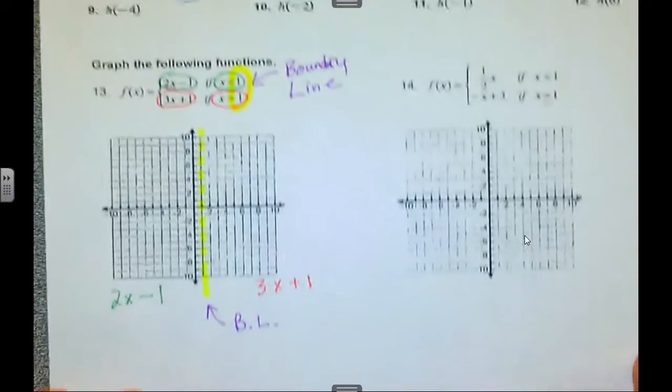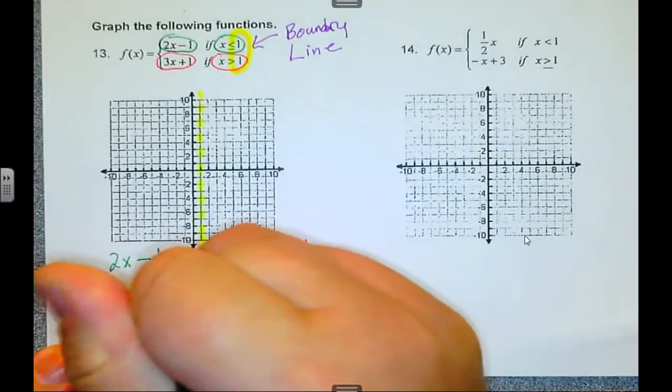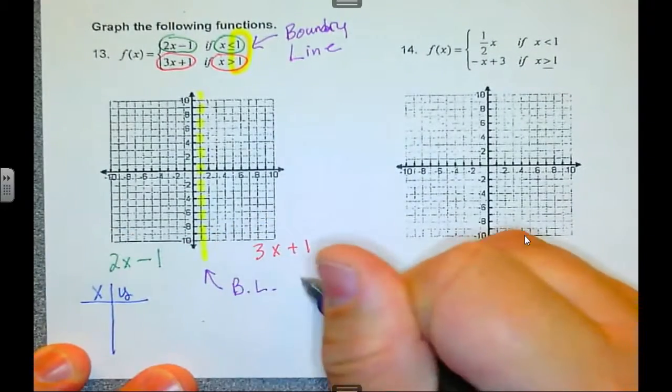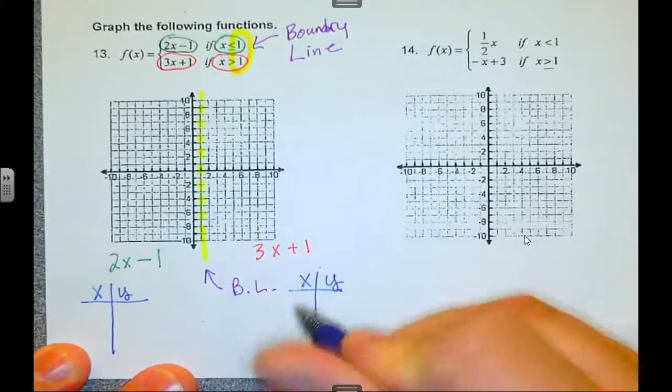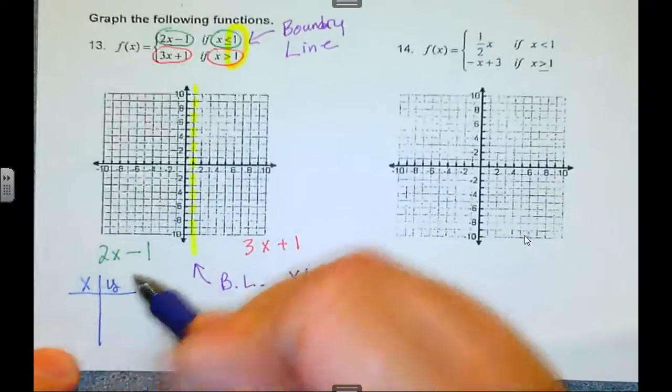With me? Okay, how many points do I need to make a line? 2. So for each one of these, I need 2 points, because I need a line.